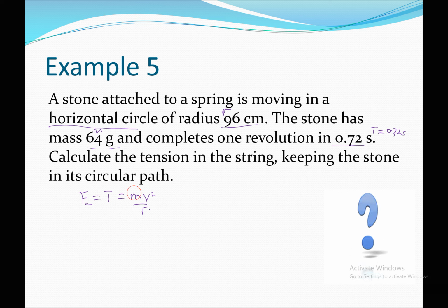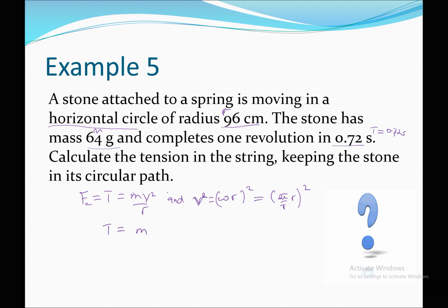So we have the mass, we have the radius, we don't have v, but we know that v is omega times r, so v squared will be equal to this one squared. And we also know that omega is 2 pi over T, so this will be 2 pi over T times r, but this is squared. So the tension is going to be m.